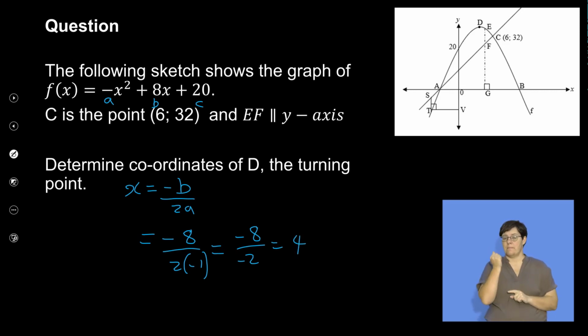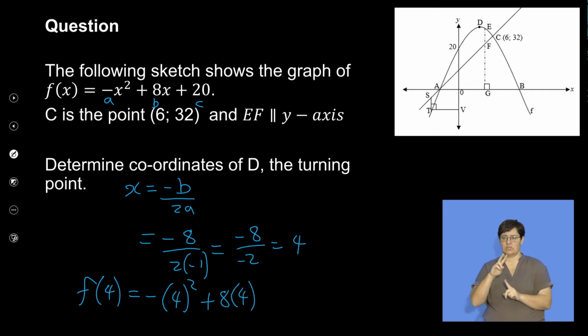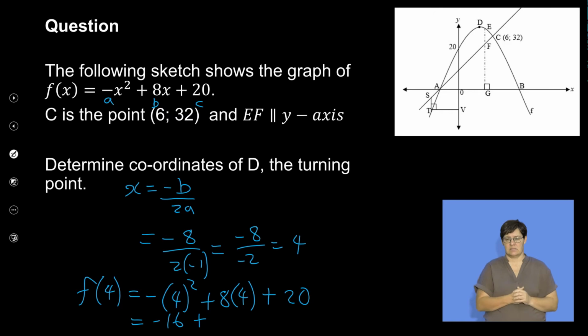Then to find the y, it will be f of 4, which equals minus 4 squared plus 8 into 4 plus 20. So this will be negative 16 plus 32 plus 20. Minus 16 plus 32 is 16, plus the 20 will give me 36, right? So that will be the y value.